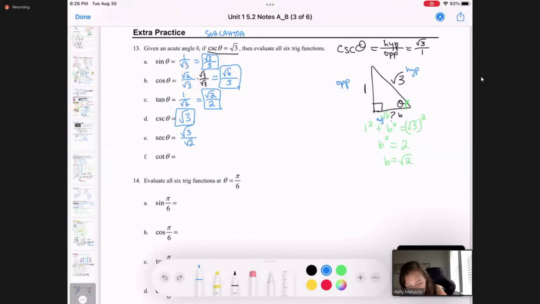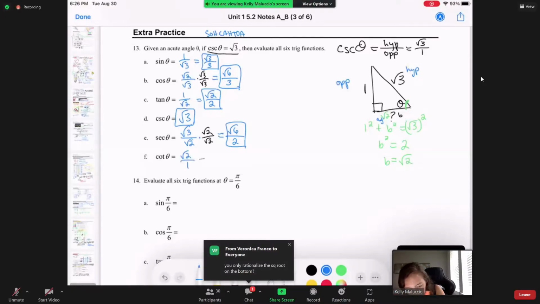So I'm going to say, okay, times root 2 over root 2. And then this equals square root of 6 over 2. And then cotangent is the reciprocal of tangent, right? So square root of 2 over 1, or just square root of 2.